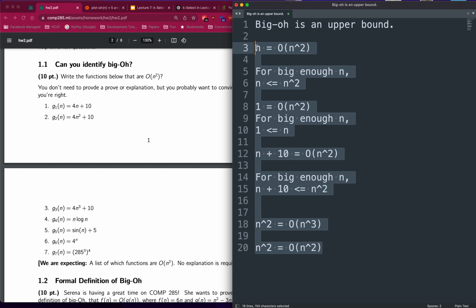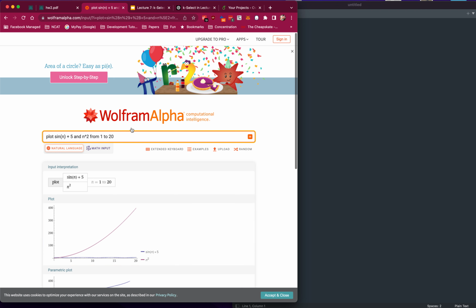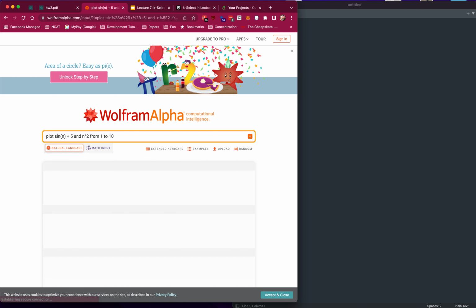Similarly for the rest of them, something that can help you with this assignment is pulling up Wolfram Alpha. You can very directly type in plot sine n plus 5 and n squared from 1 to, let's say, 10, so you can get a sense of what these functions look like as they get bigger.